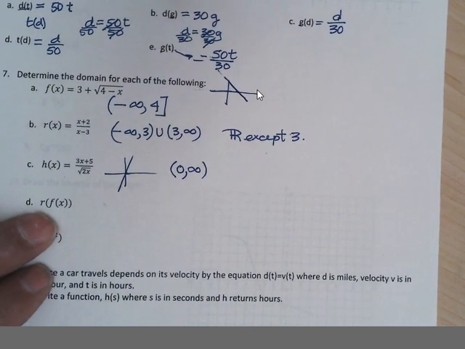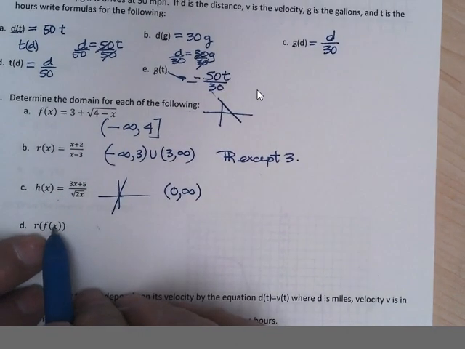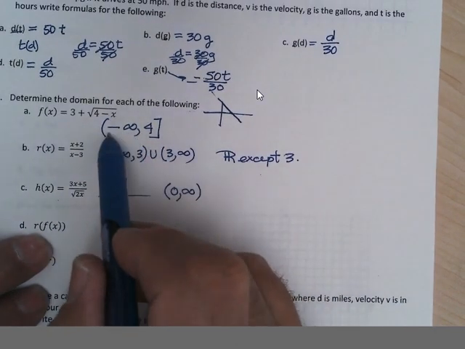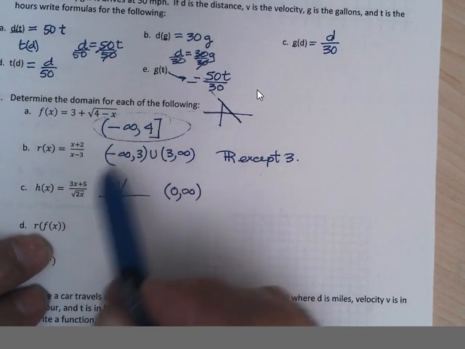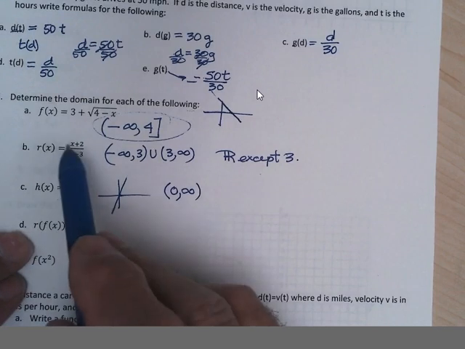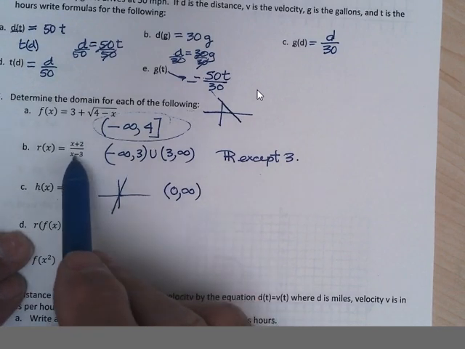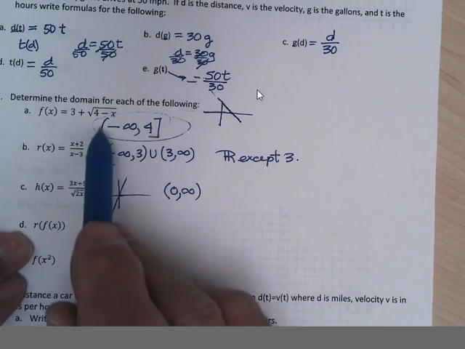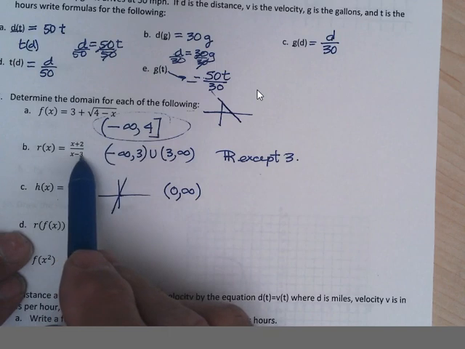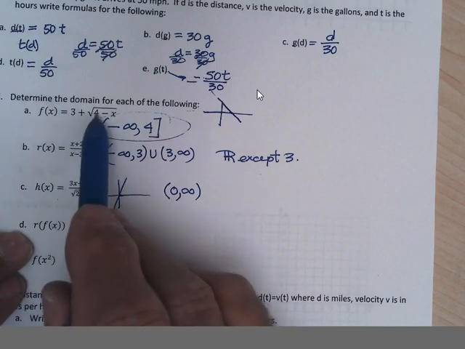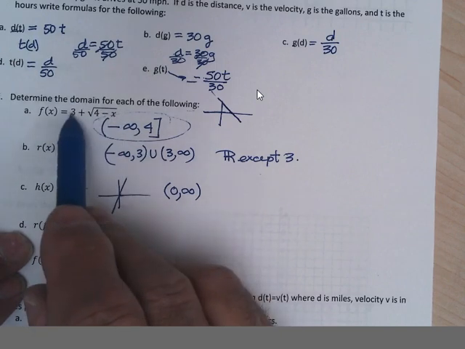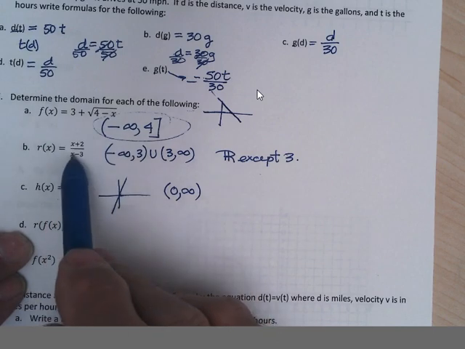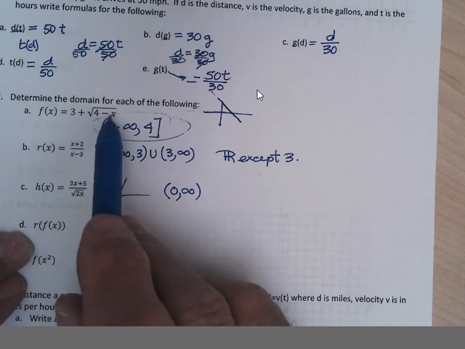This one, we have to be able to put it into F, so it has to be restricted to this, but then we have to be able to put it into R. So, of these numbers, do any of them produce 3? Well, if this was 0, this would produce 3, and 3 minus 3 would not be acceptable, because we have division by 0.